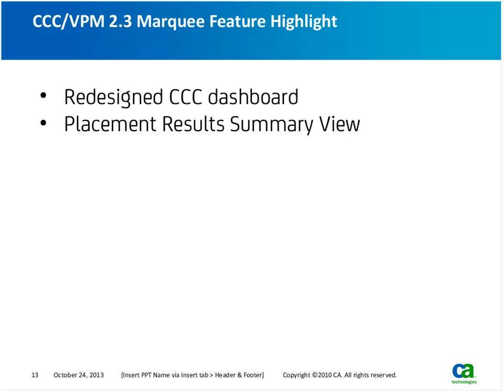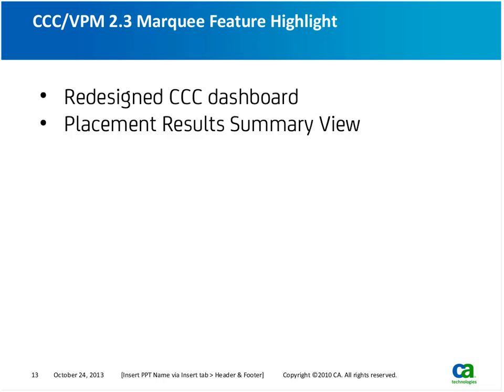It's hard for users to jump through multiple screens to get an overview of their data center efficiency and the placement results. So what we did in this upcoming release is provide two overviews. One is called the CCC Dashboard, and the other is called the Placement Results Summary.